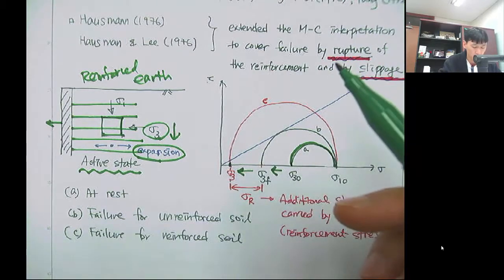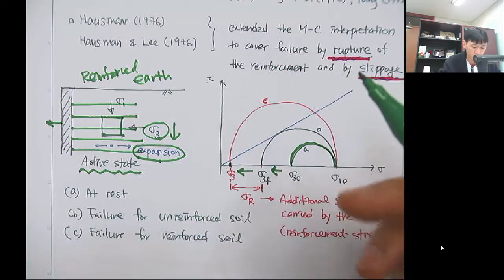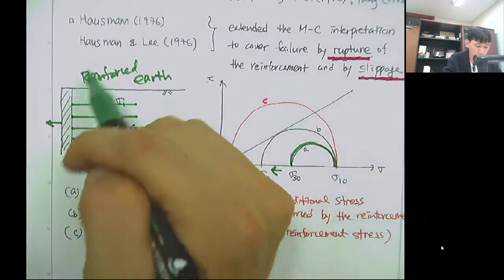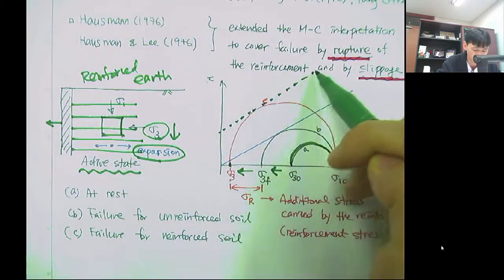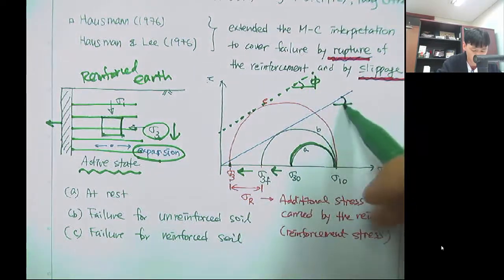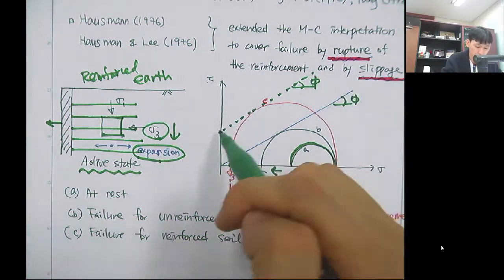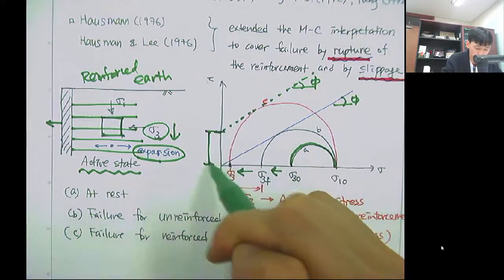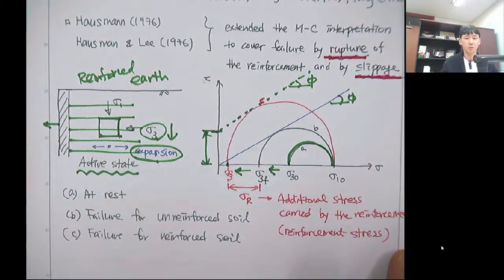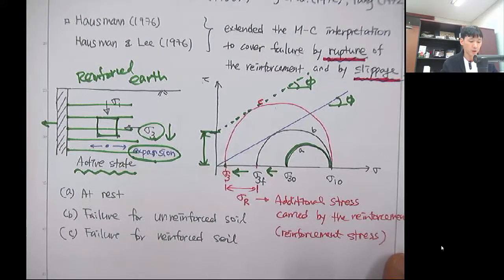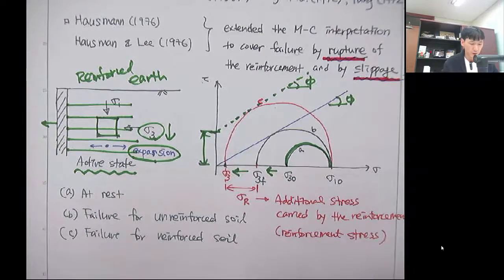If we consider that the friction angle of the reinforced soil is the same, then we can draw a line with the same angle like this. And this term is the strength or the cohesion added by the reinforcement.